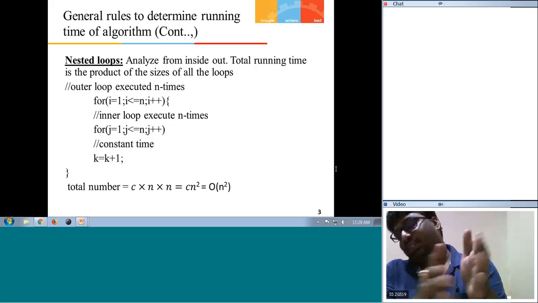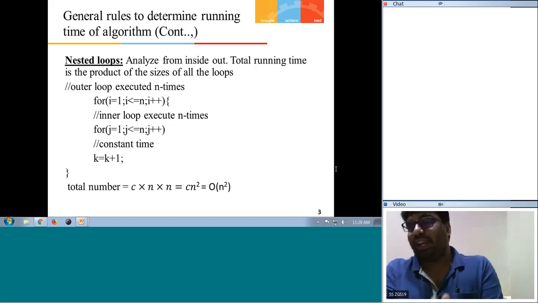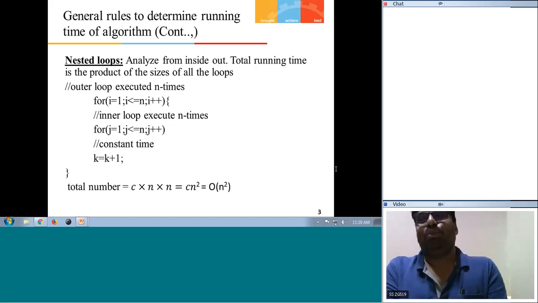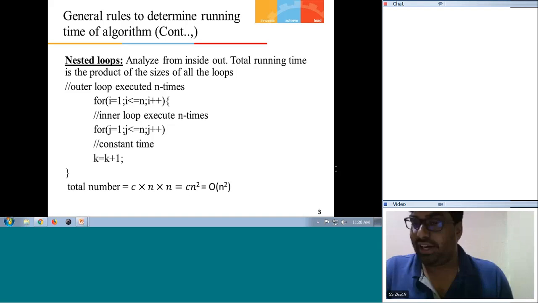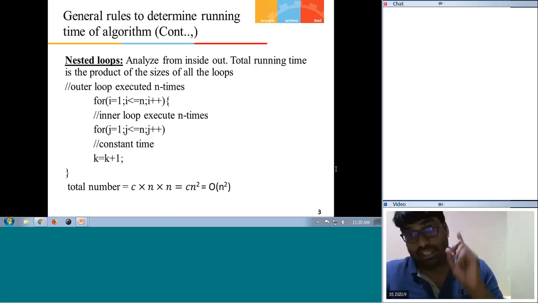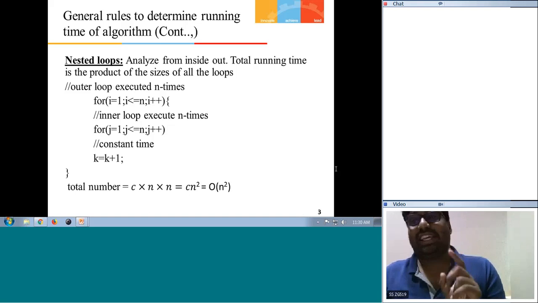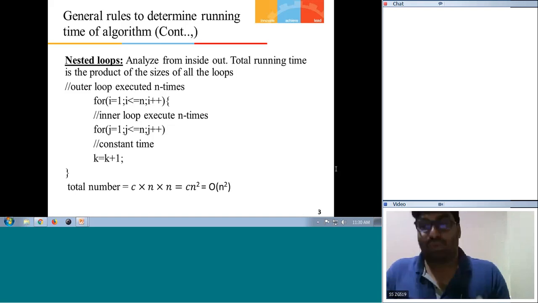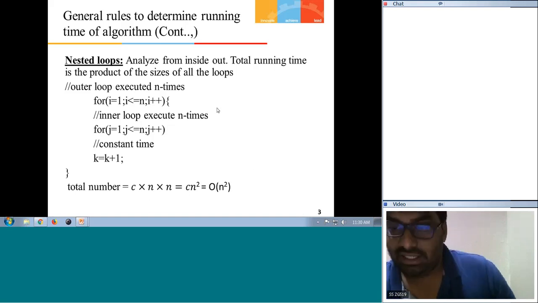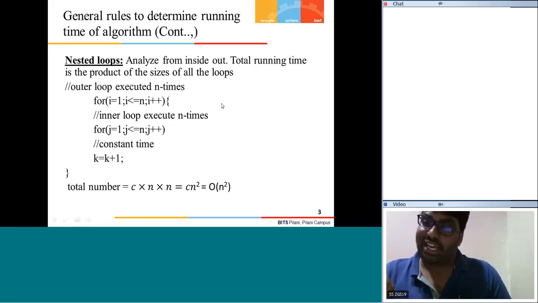When you have two input sizes, you are correct, you can write order of mn, but for the same single input, you will preferably write order of n into n or order of n square. That is what I was talking about with respect to programs with two inputs. There is also a question of j equals j star 2 that you will get clear in the logarithmic part. Just wait.